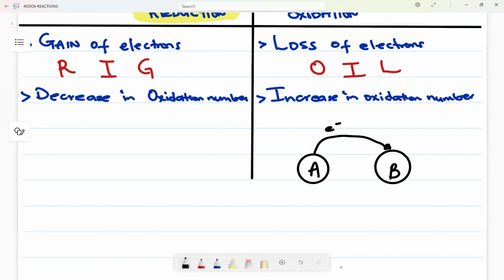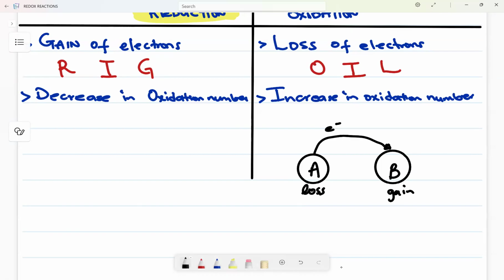We say A loses electrons, and then B will gain electrons. This is what happens in a redox reaction.